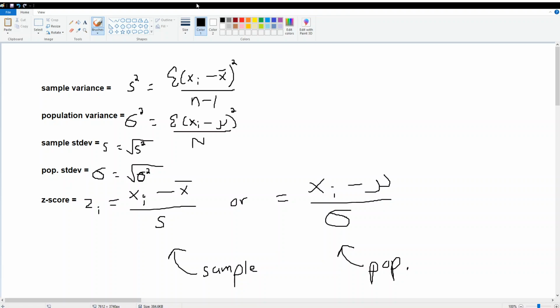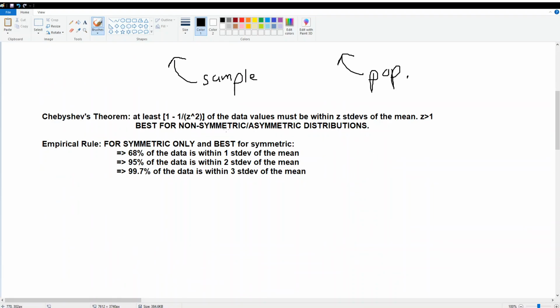We square all of those differences and then add them all up. That's what's going on in our numerator. And I will give you an example of that. With population variance, it's the difference between each data point and the mean. We do all those differences, we square each one, and then we add all those squares together. So let me give you an example.